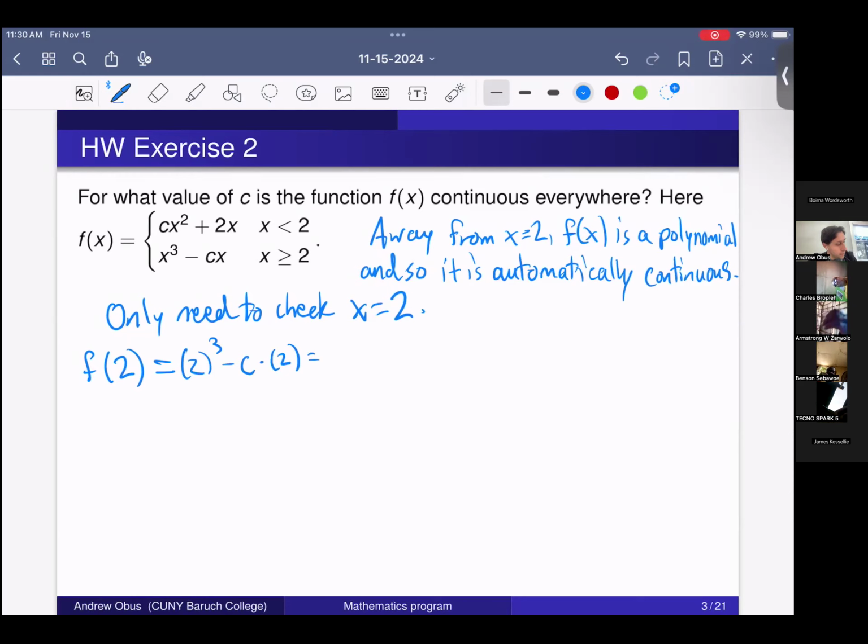So you get that expression. Then we can also find the limit of the function as x goes to a minus or a plus.